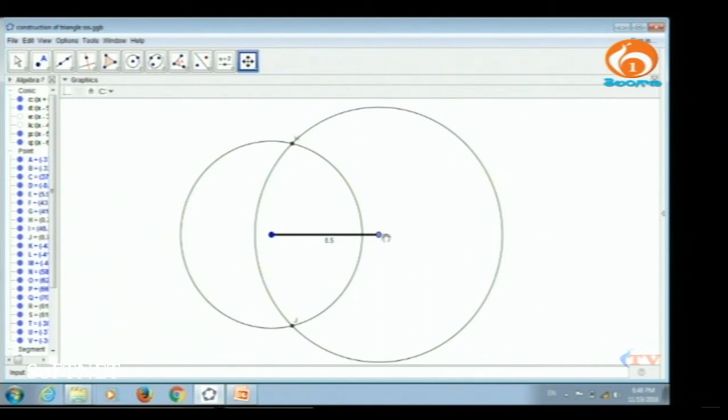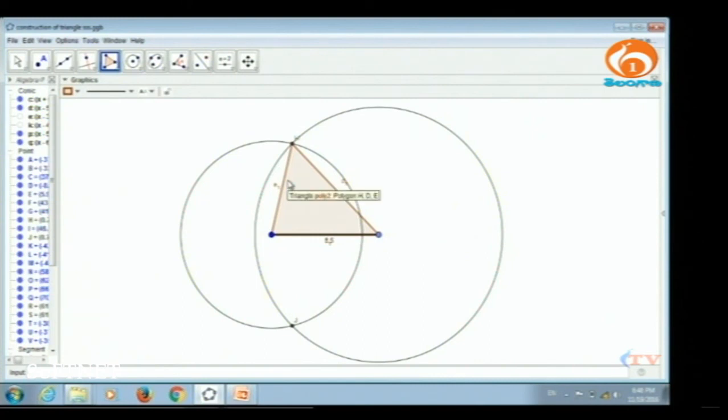Now, when we join all these 3 points, what will you get? When we join this, we have got a triangle.